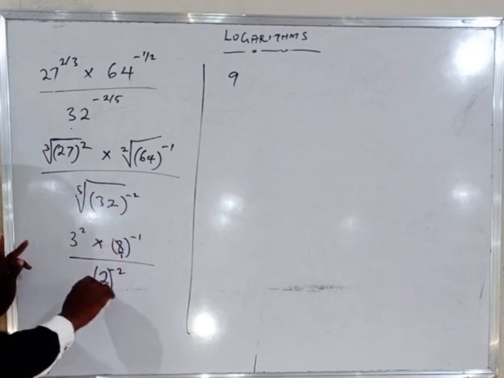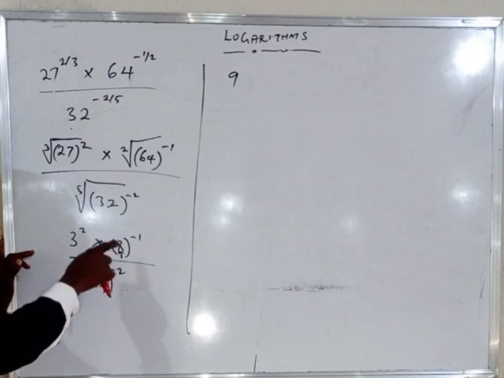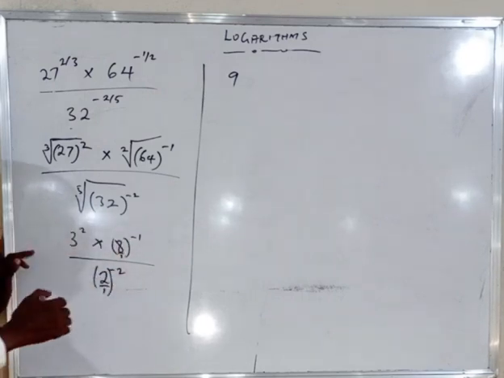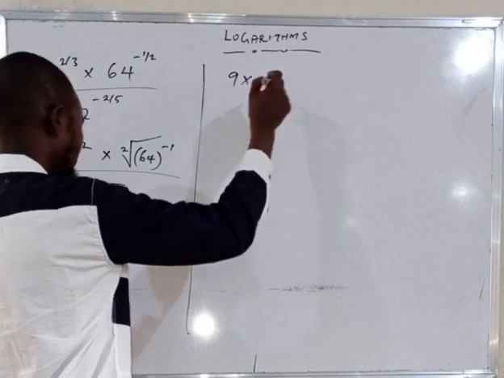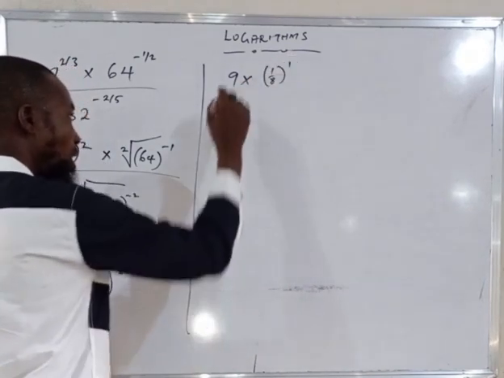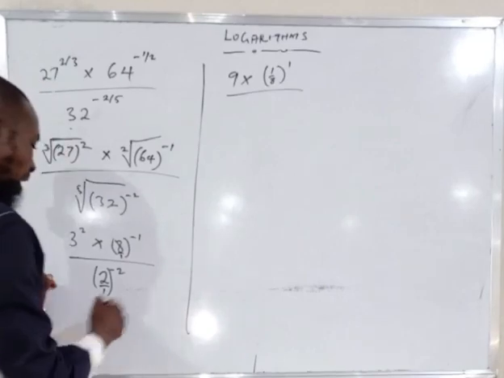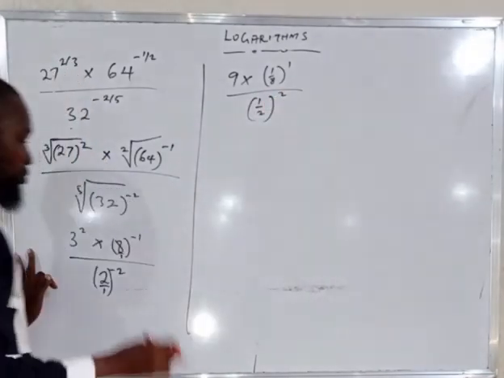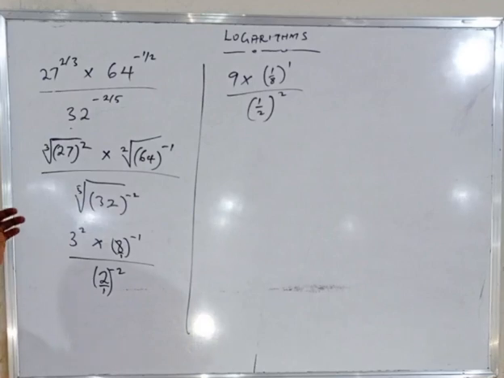This one must also be in fraction for us to be able to remove the negative sign. To remove the negative sign, we say times 1 comes up, 8 goes down, raised to power 1. Everything over 1 here, 2 raised to power 2. With that, the negative sign has disappeared.